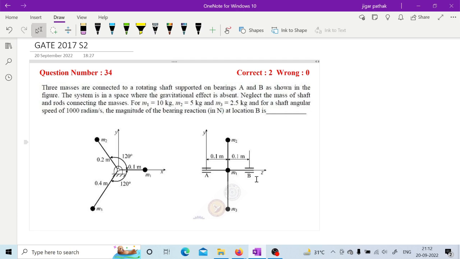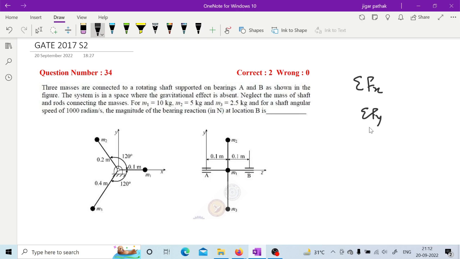Yes, sir. So what you have to do is calculate sigma Fx and sigma Fy in order to calculate the bearing reaction RB. Okay, sir. Got it, sir. So M R omega square cos theta, you can neglect omega square here actually.